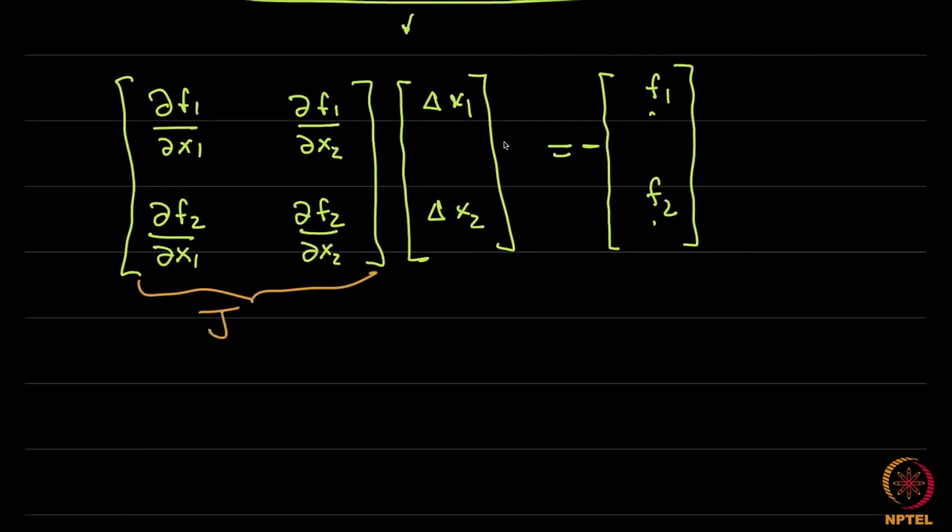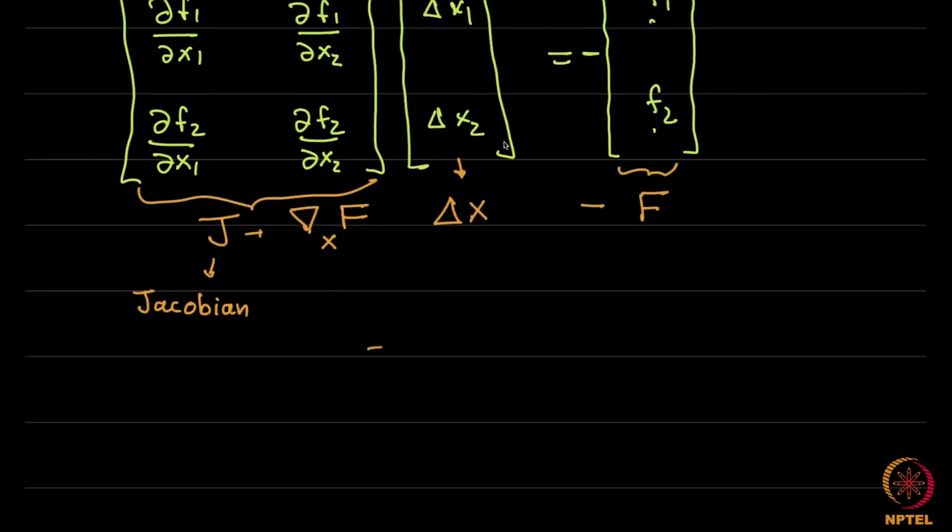Again, this is not the loss function. This is the Jacobian. Another way of saying it is this is the gradient of capital F with respect to x. I'm going to call this J, the Jacobian, and I'll try to avoid confusion between the J of the Jacobian and J of the loss function. This, of course, is our delta x vector, and this is simply the negative of our f vector.